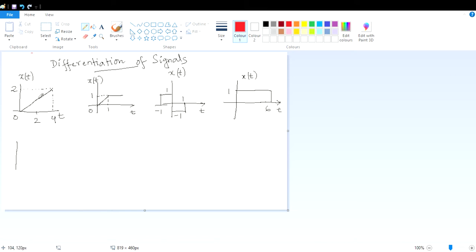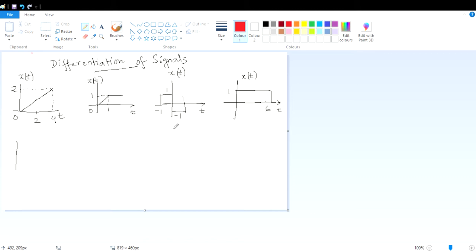Now, we know that when we integrate a step, it becomes a ramp. So when we differentiate a ramp, after differentiation, it will be a step only. So here it will be a step only, here also it will be a step only. Now, what happens if we differentiate a step?